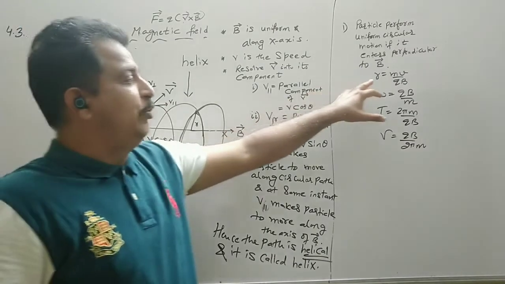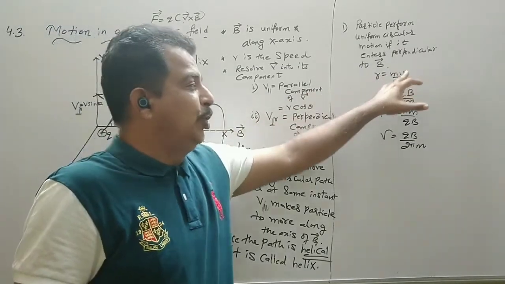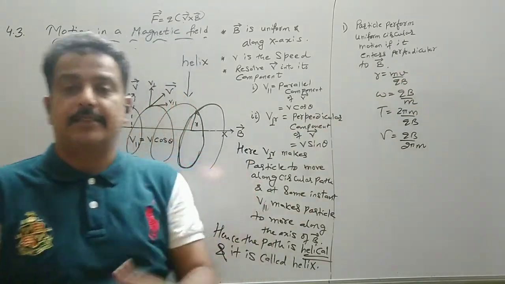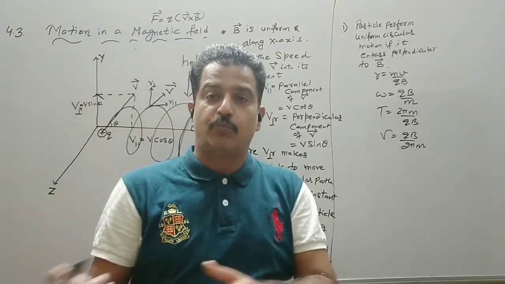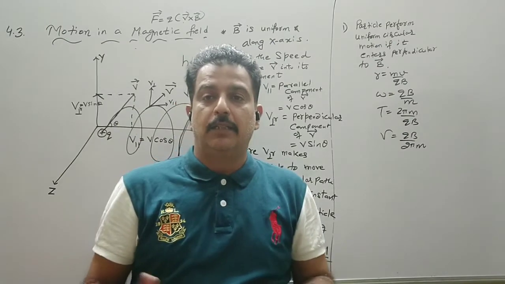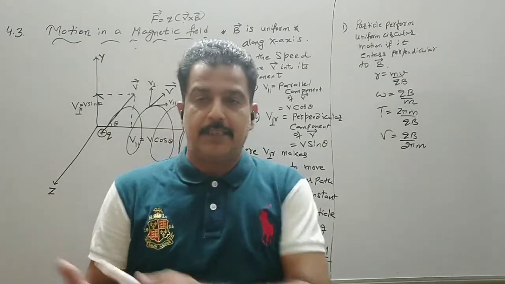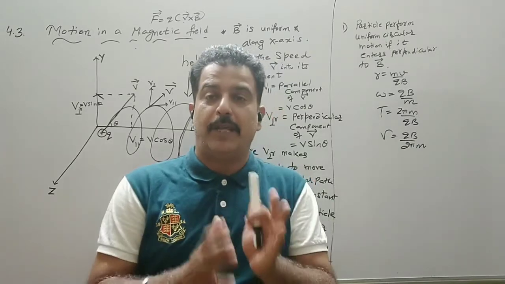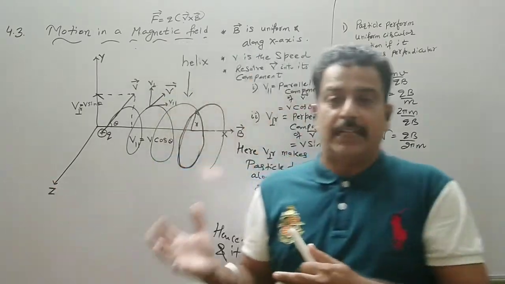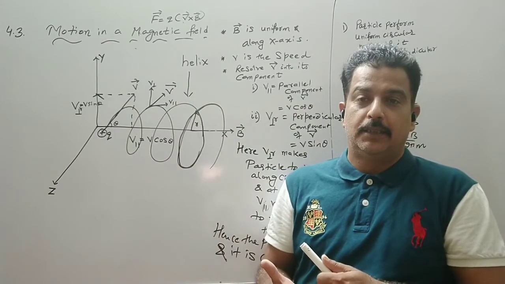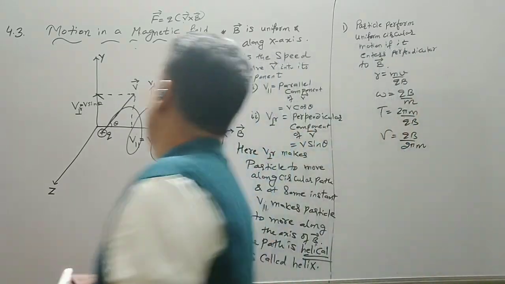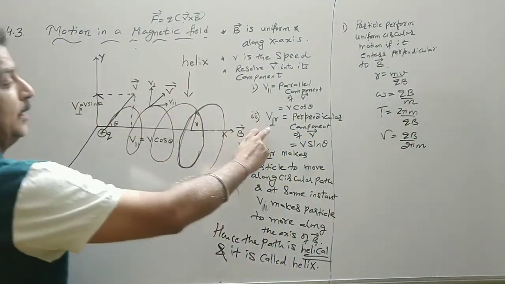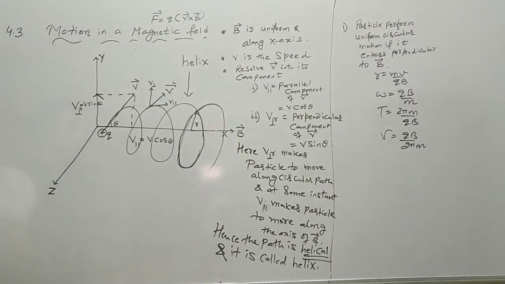So here we have written R is equal to mv upon qB. That is, again, the necessary centripetal force is provided by the magnetic force. But now here the magnetic force or the v vector has two components. So the magnetic force perpendicular component will provide the necessary centripetal force.